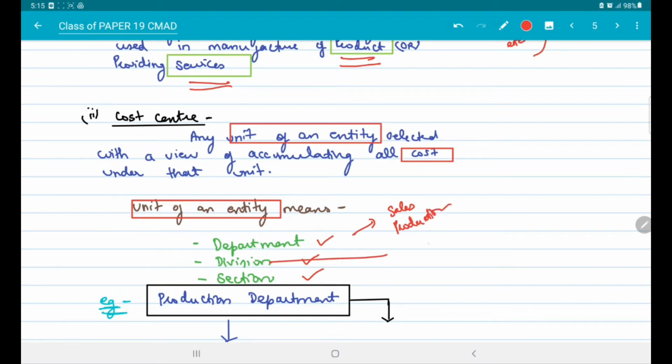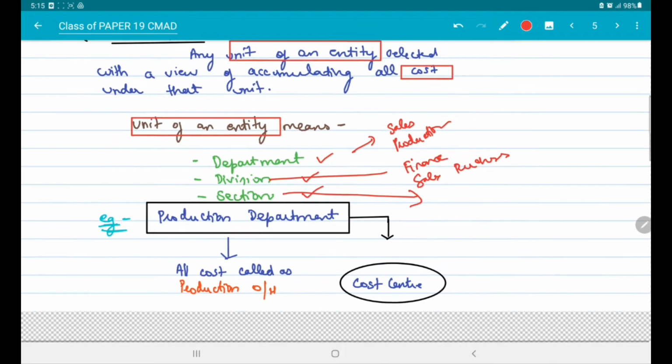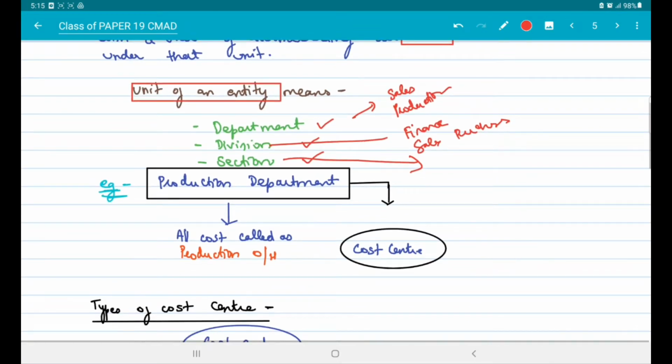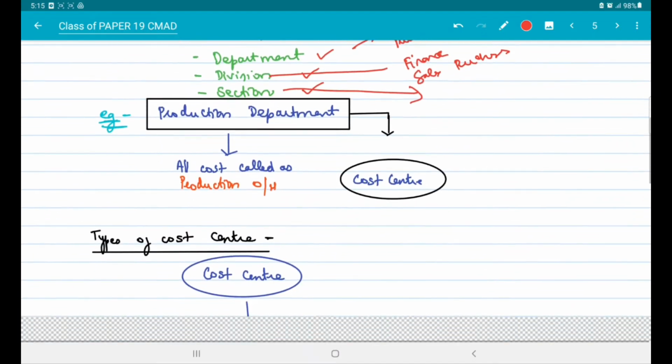Likewise, division means finance division will be there, sales will be there, purchase will be there. Likewise, sections will also be there in each and every company depending upon the background. So here I have just given one example.